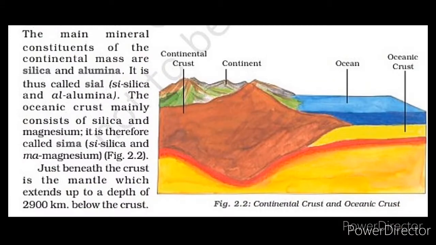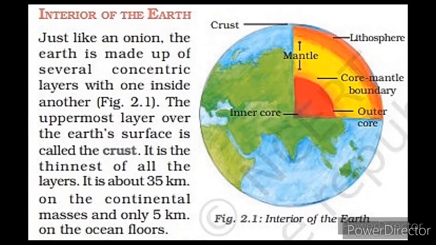The crust that forms at the ocean is predominantly silica and magnesium, that is Sima, and the crust that forms the continents is silica and aluminium, that is Sial. At the continent, you have a much higher thickness, which is around 35 kilometers, in contrast to the ocean, which is 5 kilometers deep.